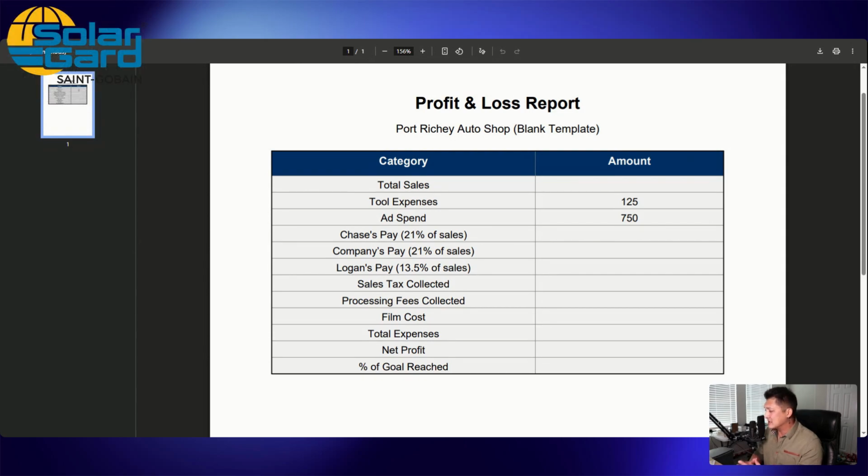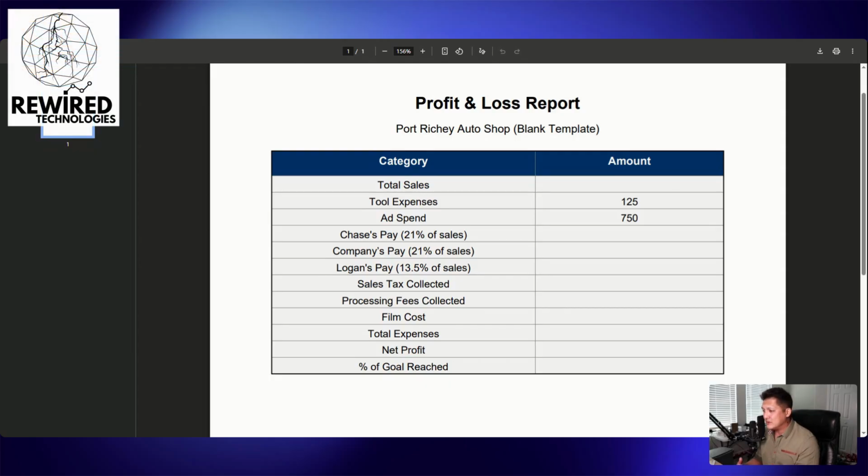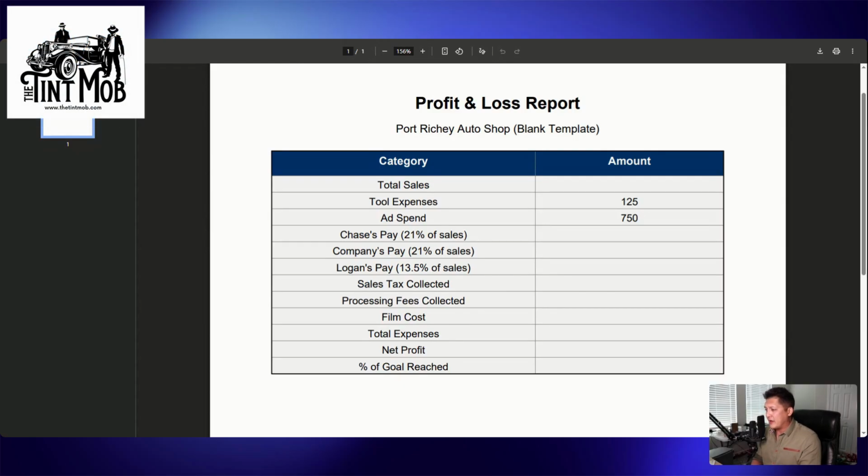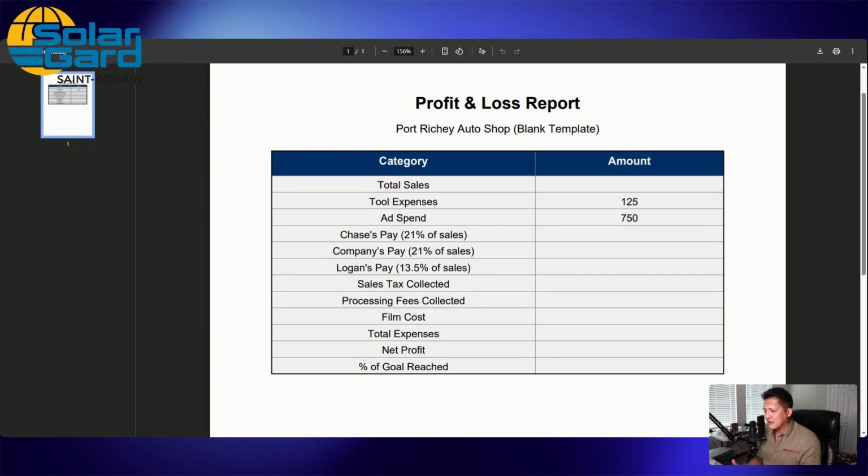This is going to be important. I do suggest you do this weekly. I do this weekly. The reason for the weekly is because not only do I go week by week and know if we've hit goal, if we're profitable or not, but I can also compile a monthly P&L report from that.